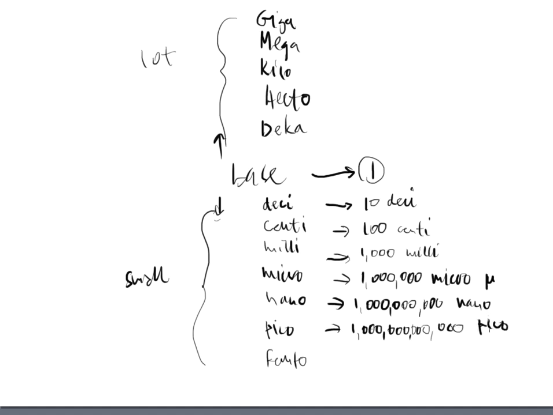And this is pico. The abbreviation for pico will be a P, small p. The abbreviation for nano will be an N. Micro is going to be a U. Milli is going to be an M. Centai is going to be a C. And deci is going to be a D.